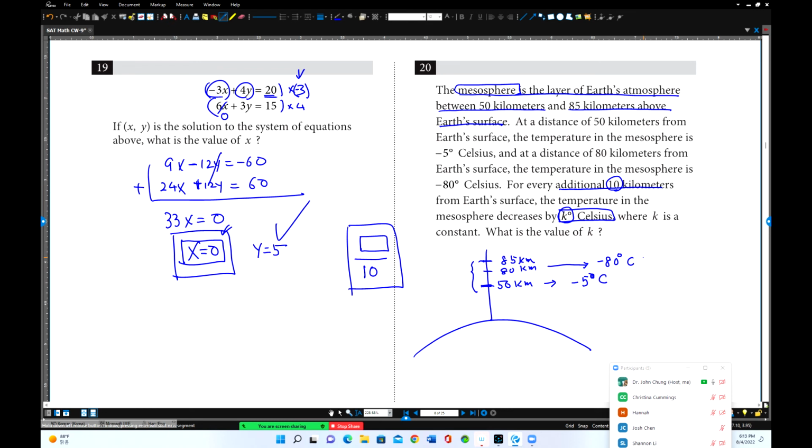So we're going to find it from these two points. The additional 10 is K degrees. That's the rate of change, which is the slope. In this range, the rate of change is the same as this one, it doesn't change. Can you find the rate from these 2 points? When 80, that is -80; 50, that is -5.